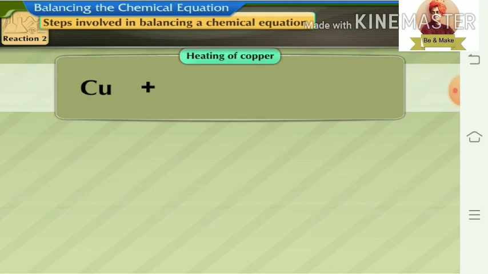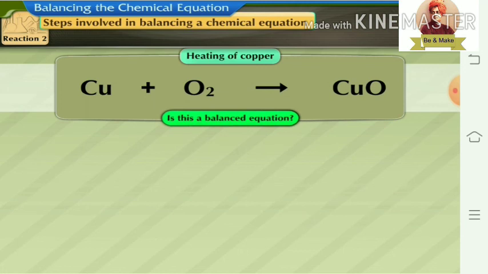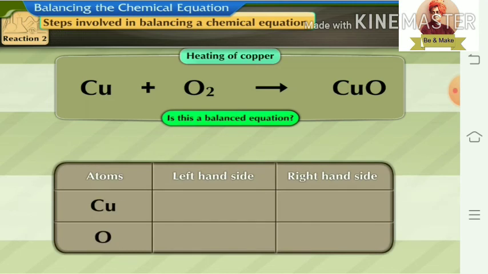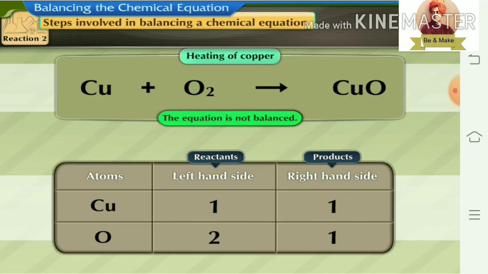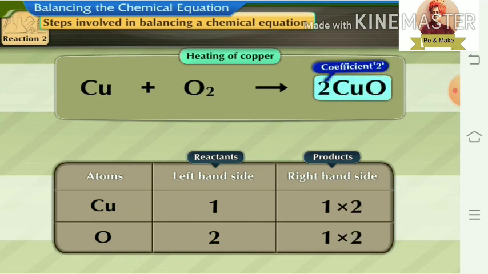Now the next reaction, heating of copper. If copper is heated, then it reacts with oxygen and gets converted into copper oxide. Is this reaction balanced? So now check the number of atoms at reactant and product side. Copper 1 at both sides, but oxygen 2 at reactant and 1 at product side. Thus, we have to choose the compound containing the maximum number of atoms.